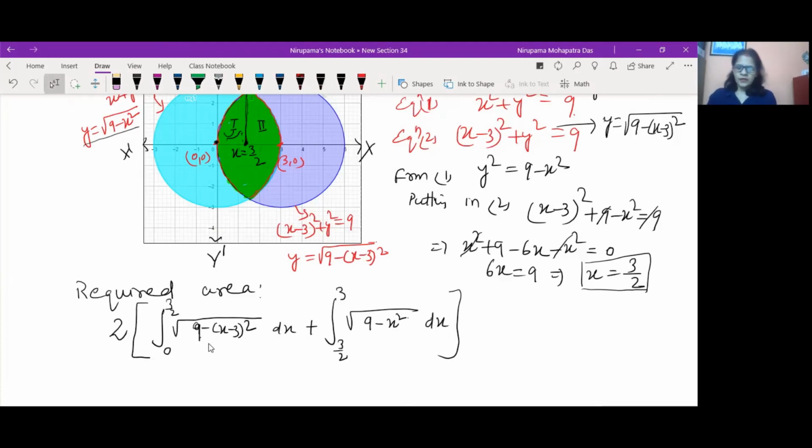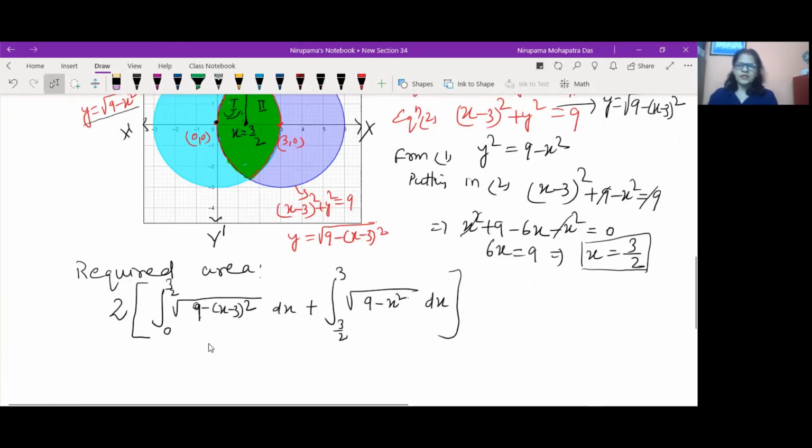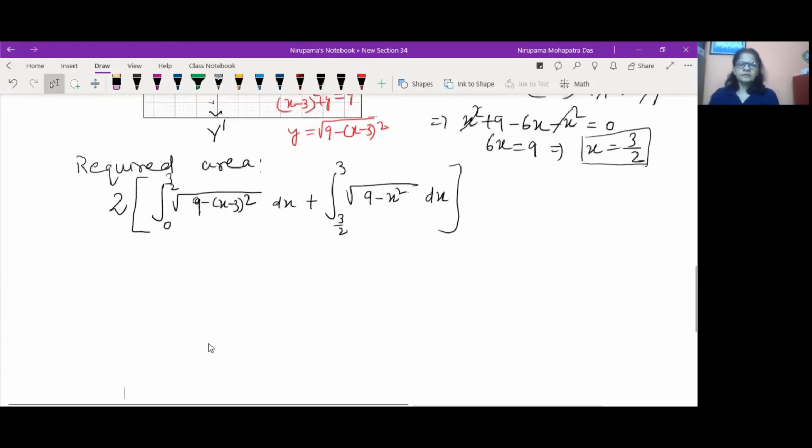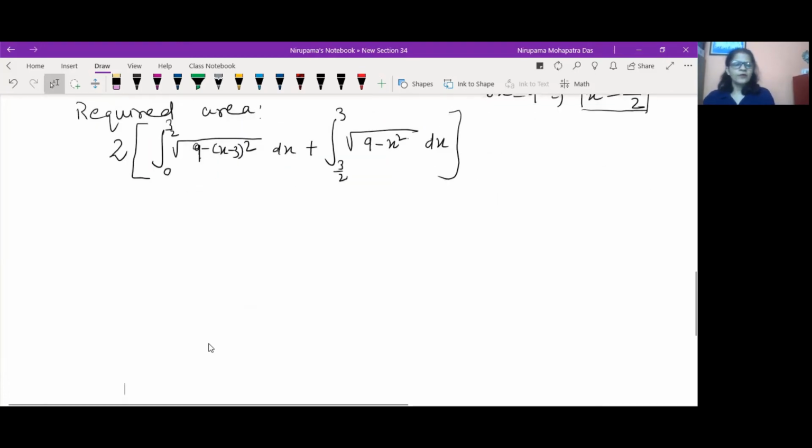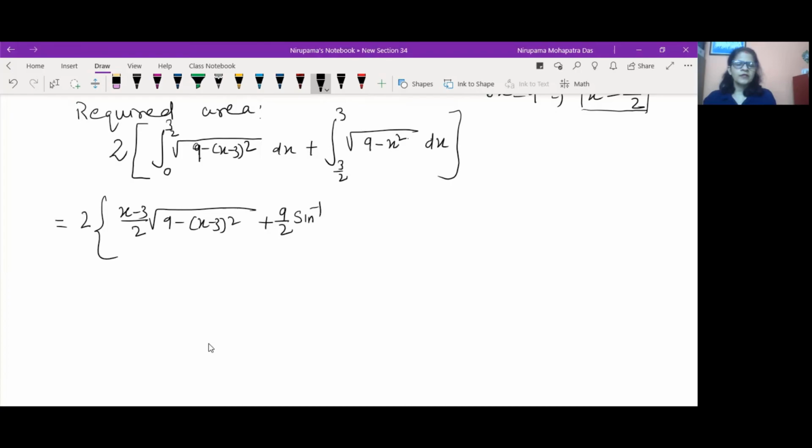So now it is very clear. Now it is integration part only. Okay, so this is equal to what? This is equal to twice of, we can write here x minus 3 by 2 into under root 9 minus x minus 3 whole square, plus a square by 2, means 9 by 2 sine inverse x by a.